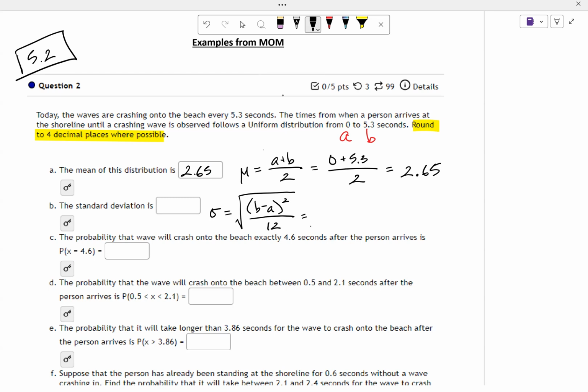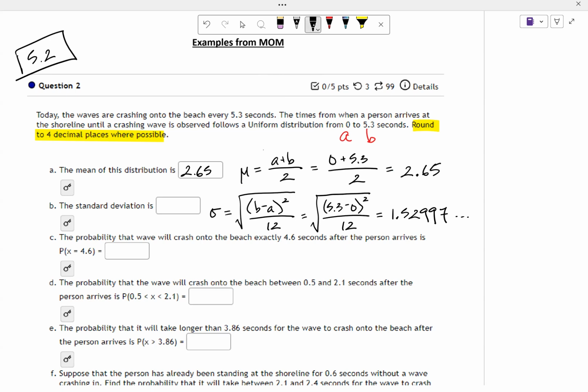When I plug in the numbers here, I get 5.3 minus 0 squared over 12. When I type this into the calculator, I get 1.52997 and a bunch of other numbers.